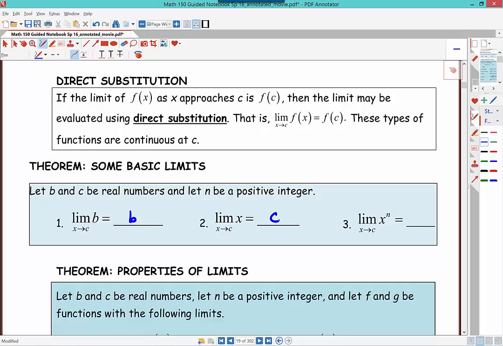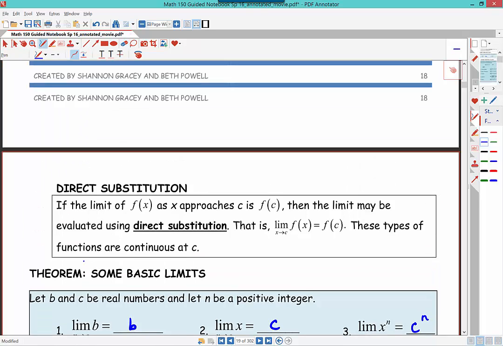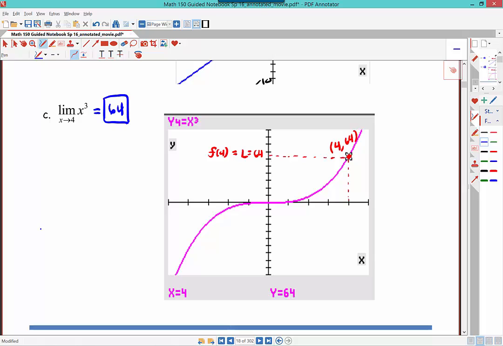So you'll get c. And then over here, if you raise x to a power, as x is approaching c, it's just going to be c raised to that power, right? So this is an example of that. The n in this case was 3, and the c we were approaching was 4.